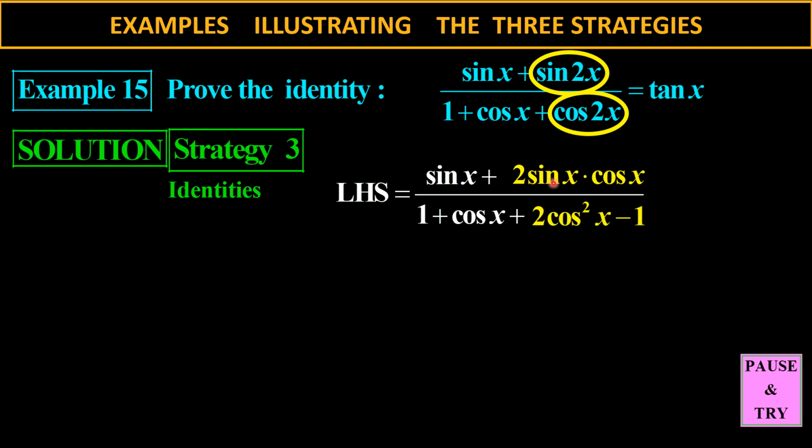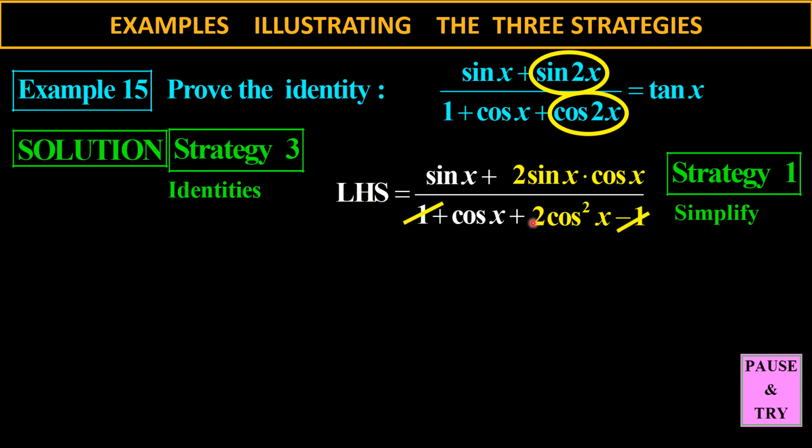Okay. Now, we want to simplify. If I look at the numerator, there's no like terms. If I look at the denominator, there are some like terms there, right? So I can simplify the denominator, and simplifying the denominator there, that means I get rid of the 1 and the minus 1.